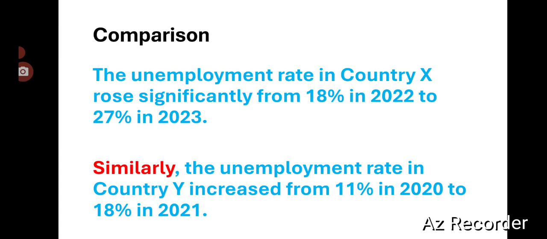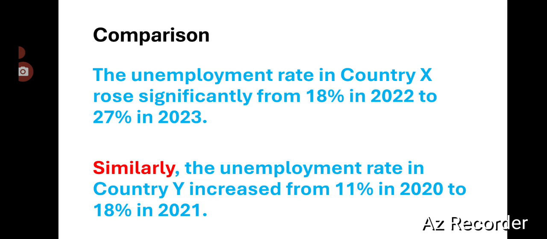Now, let's look at comparison. If you say you are comparing, let's use these examples to illustrate it. So, the unemployment rate in country X rose significantly from 18% in 2022 to 27% in 2023. Then look at the adverb similarly.